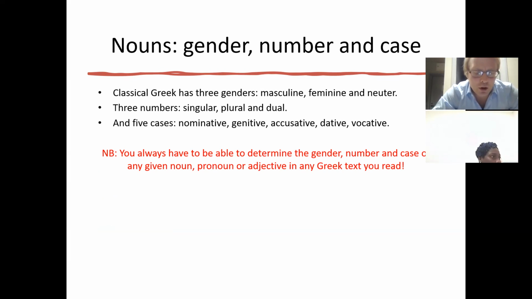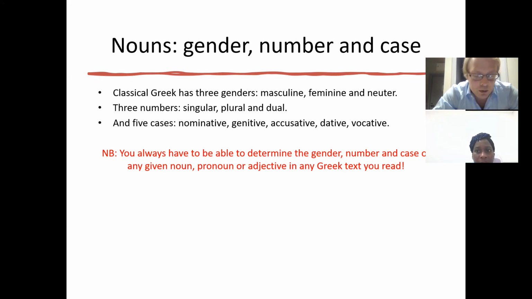But first, a few more general points about Greek nouns. All Greek nouns and pronouns are of a certain gender. There are three of these genera: the masculine, the feminine, and the neuter gender. It's important to know what gender a word has, because in a sentence they are usually connected to other words.